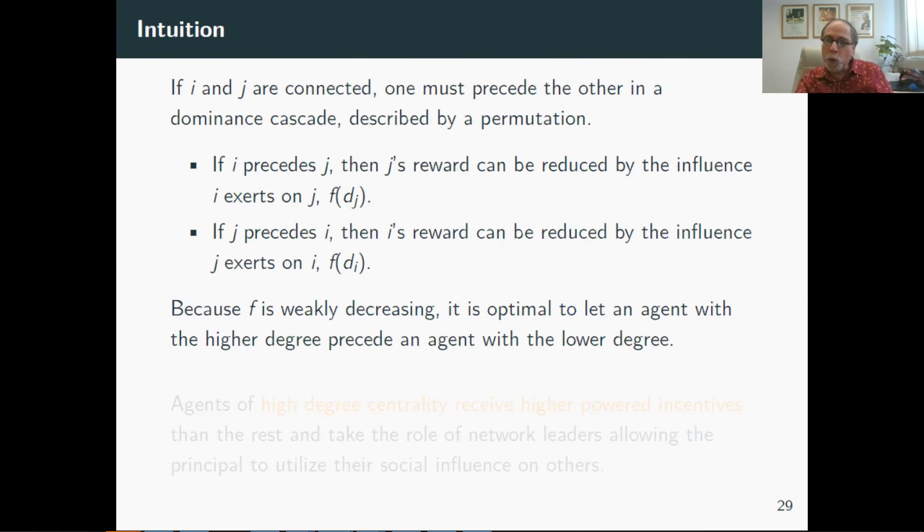This network comes with an order where player one is the one who has the highest number of links, player two has the second highest number of links, and so forth. So look at this order and take two individuals, I and J, that don't have a link.